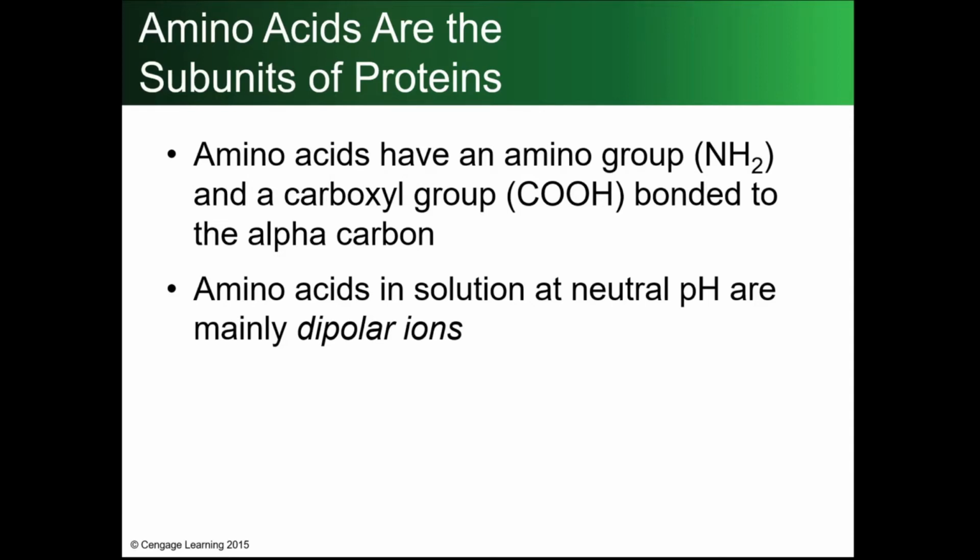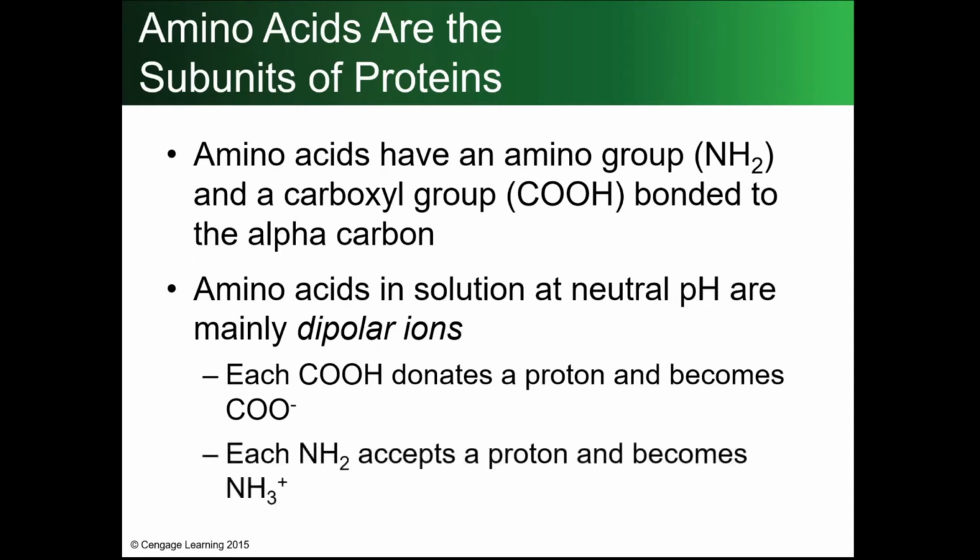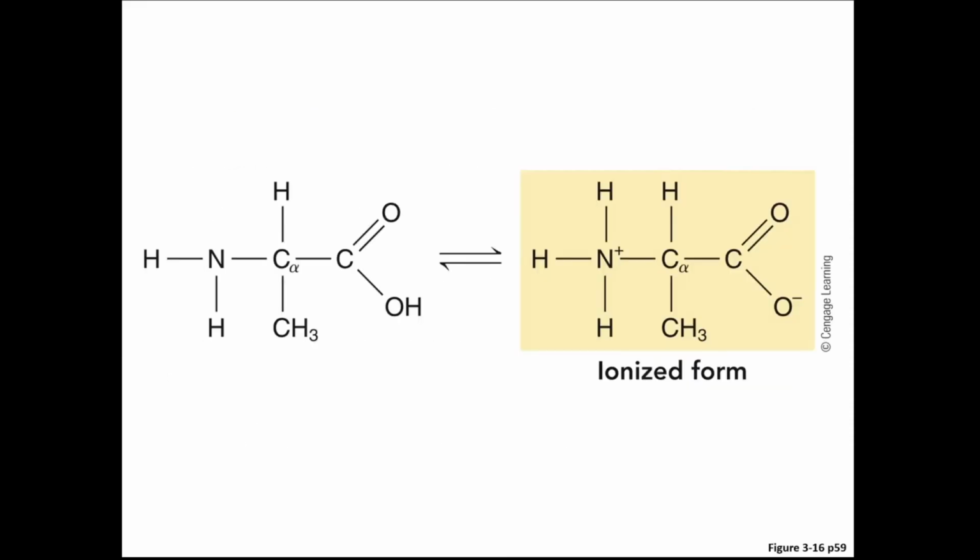So each carboxyl group, COOH, donates a proton and becomes ionized, whereas the amino group becomes ionized as it accepts a proton and becomes NH3, as you will see here. So each COOH donates a proton and becomes COO negative, and each NH2 accepts a proton and becomes NH3 positive.